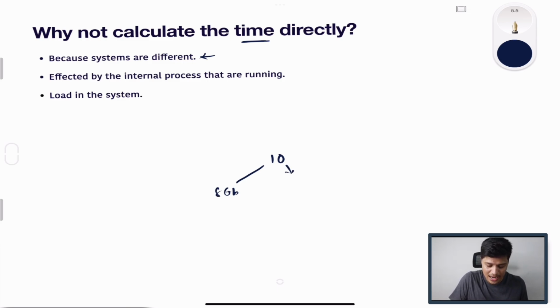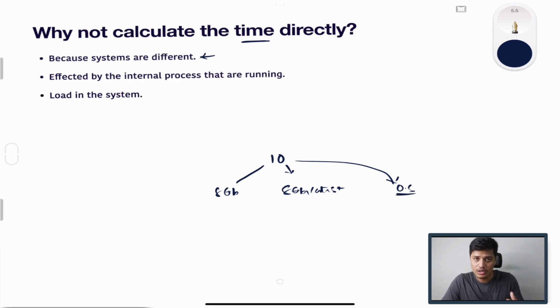Some other team member might be using 8 GB RAM with some latest advanced processor, and some other person might be using a different computer which has all these functionalities with a super fast operating system. So the amount of time taken by the algorithm in an 8 GB system is different. The amount of time taken by the algorithm in 8 GB with the latest processor is going to be different, and it is going to be different even on the super fast operating system as well.